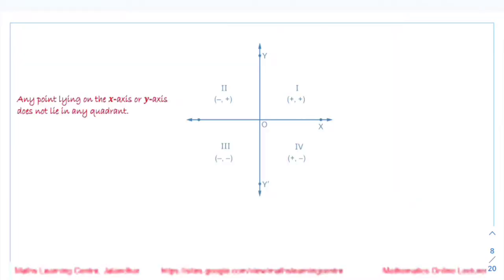Now, what we have seen till now is, suppose this is the origin O, and we have 4 quadrants: 1, 2, 3 and 4. In the second quadrant, this point is here, so y is positive and the x coordinate is negative.